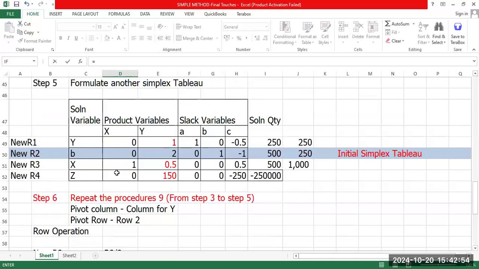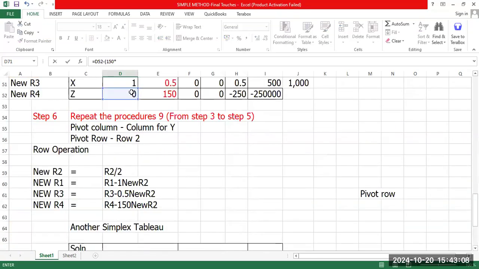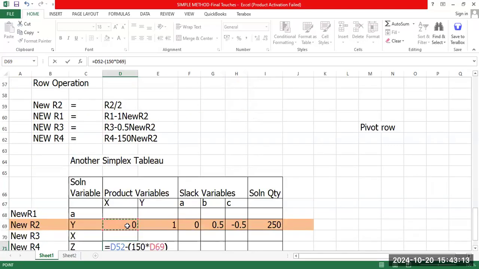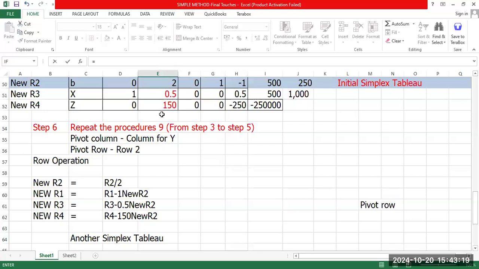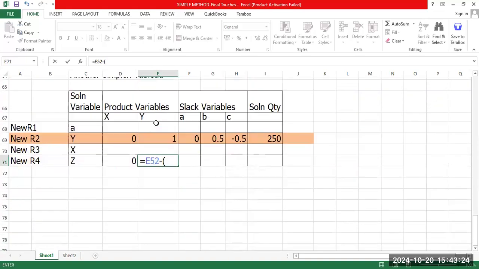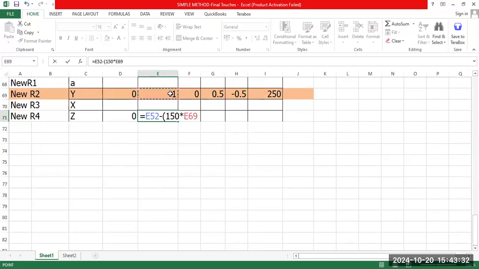Here, if you apply the formula, row 4, 0 minus 150 times 0. Then here, row 4, 150 minus, open bracket, 150 times 1.